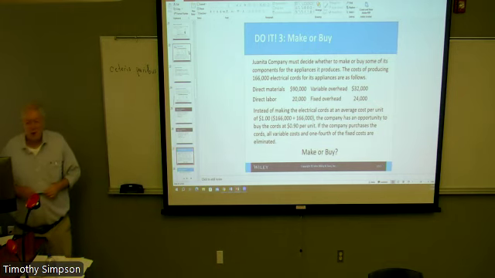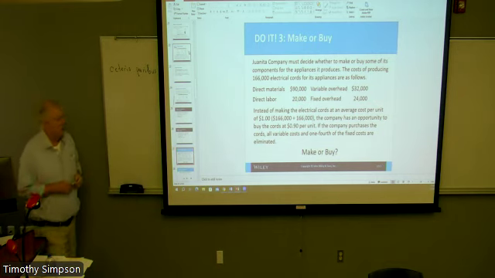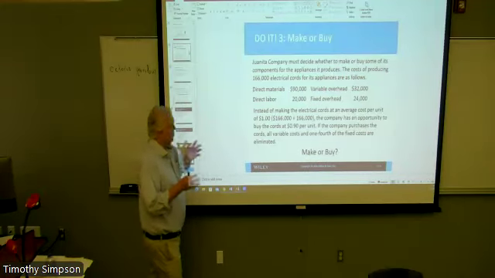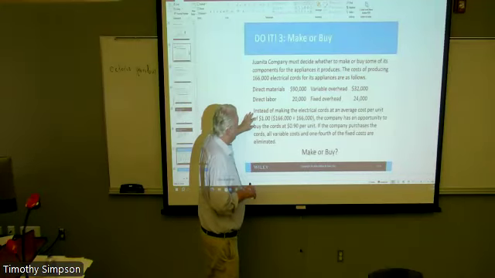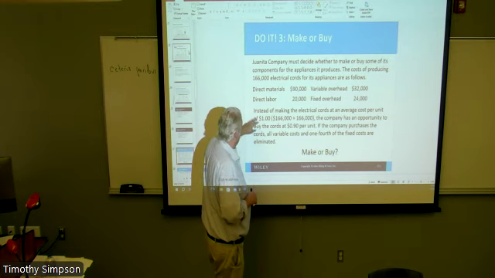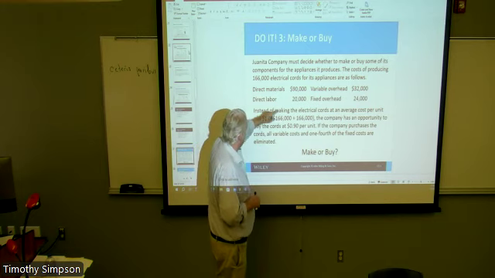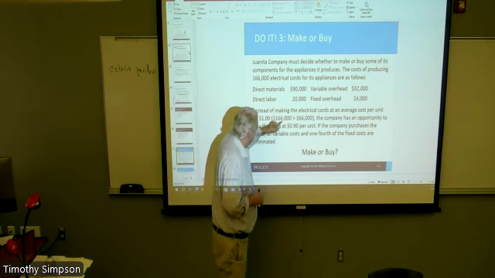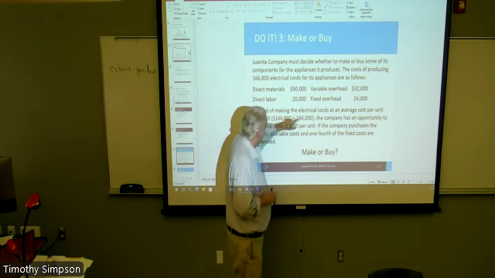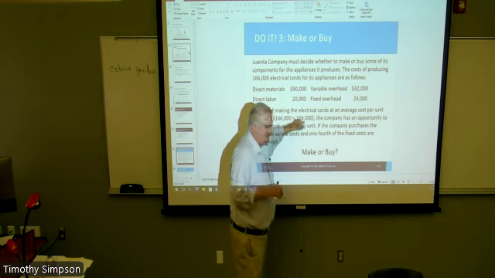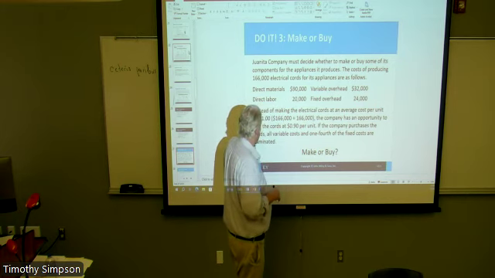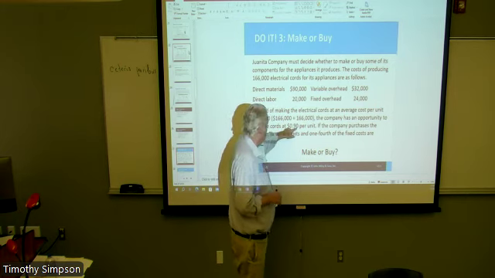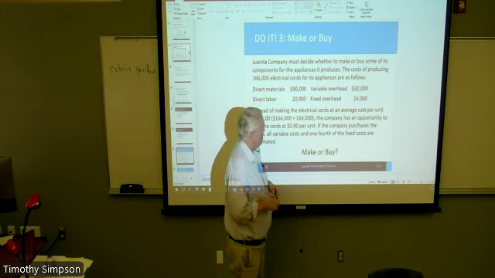So in this case, these are the facts. These are sort of givens. These are the costs. So the scenario is, instead of making these boards at an average cost of $1, that is $166,000 divided by 166,000 units, they have an opportunity to buy the boards at 90 cents per unit.